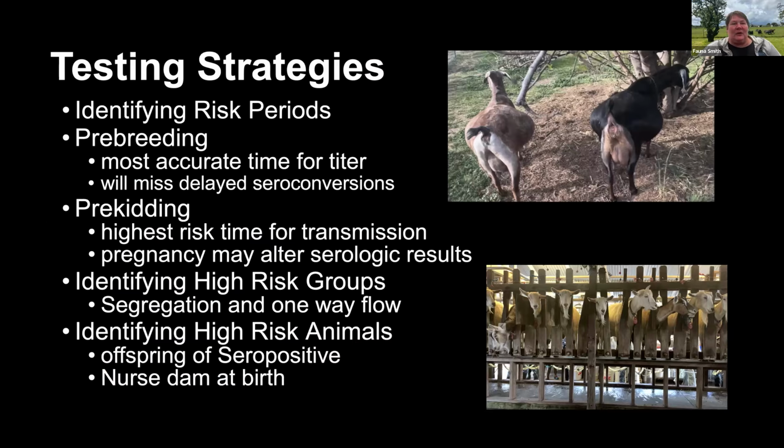If people have specific questions, it's really hard to just give you the testing strategy or the control strategy that you should use for goats, because every herd is so different depending on where they are in terms of the incidence of disease, the incidence of clinical disease, and the management system for that farm. It's very complicated. Every herd really needs their own custom program, so to speak. But yeah, that is what I have.